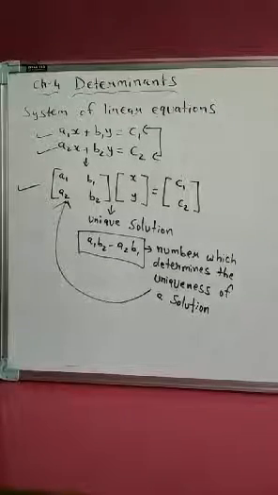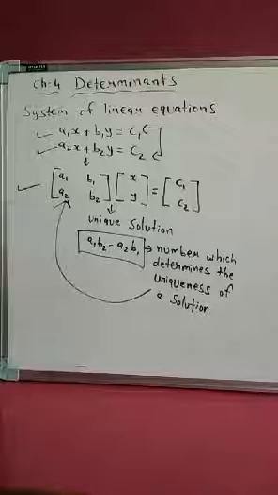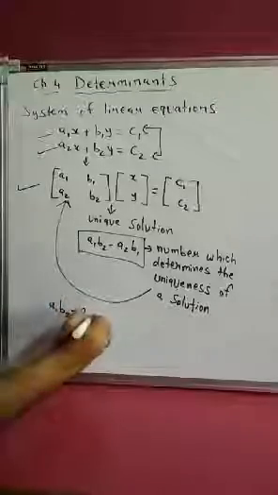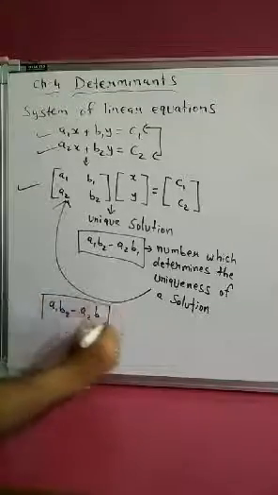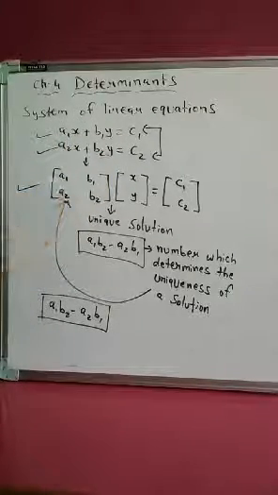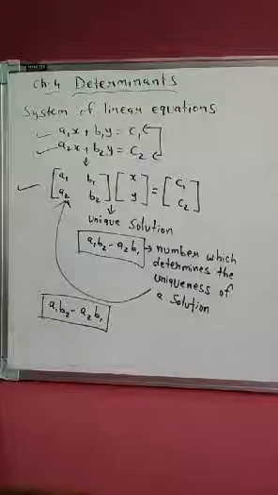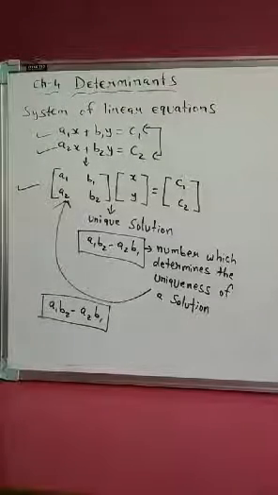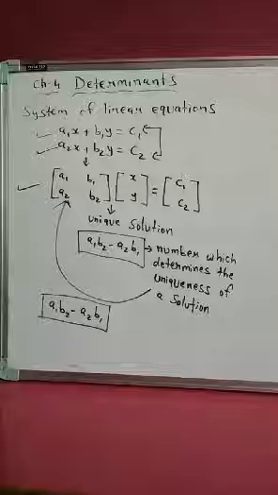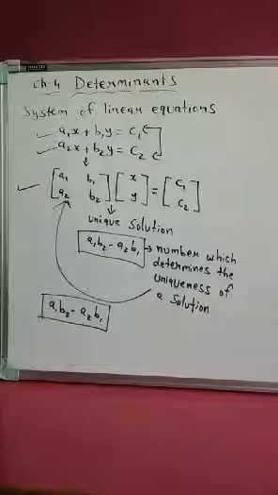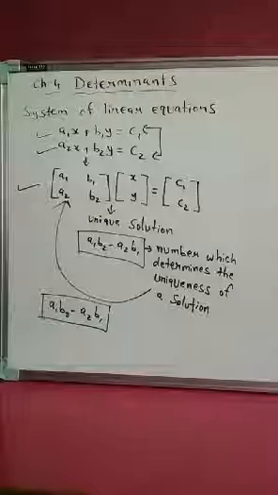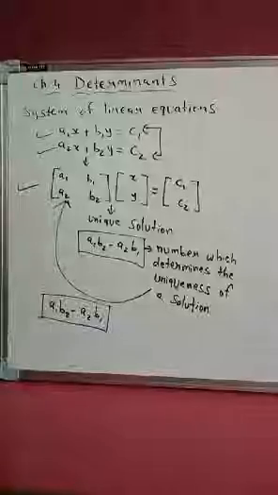But here what I want to tell you is that this a1 b2 minus a2 b1 is called the determinant of a1 a2 b1 and so on. I will tell you with an example, but right now you just remember this is called determinant. How we write it and what to write, I will let you know. You just note it down, so I will erase this. You can take a screenshot and later on you can note it down.